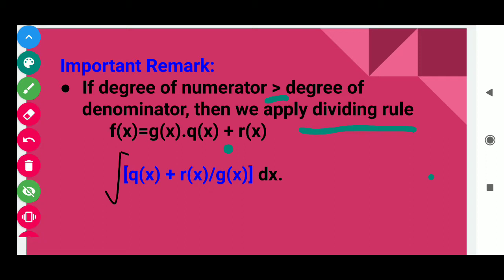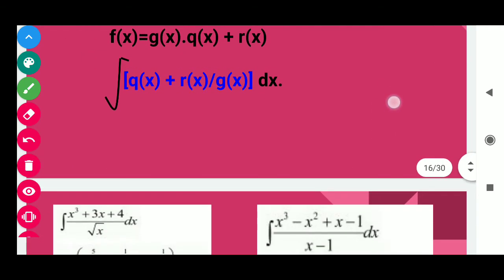You have studied already in class 10 that f(x) equals g(x) times q(x) plus r(x), and after using the dividing rule we will write the integral in this form: q(x) plus r(x) divided by g(x), where q(x) is the quotient, r(x) is the remainder and g(x) is the divisor. So students, in this way we use this important remark.